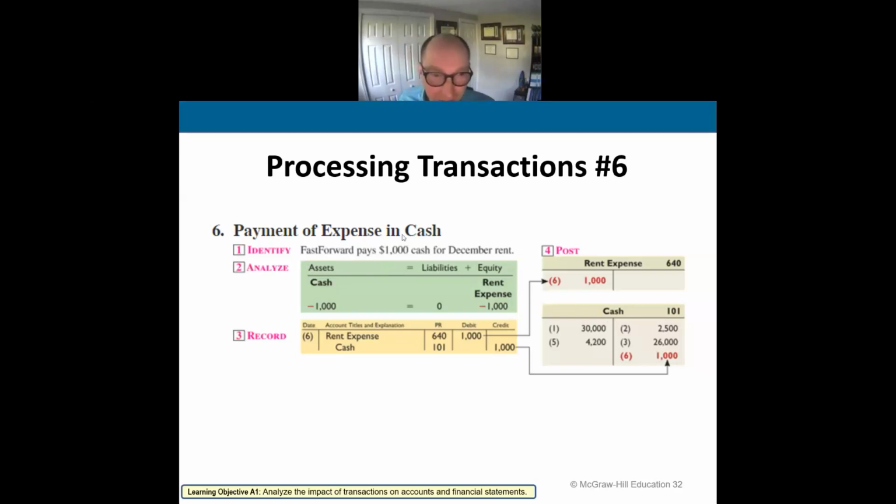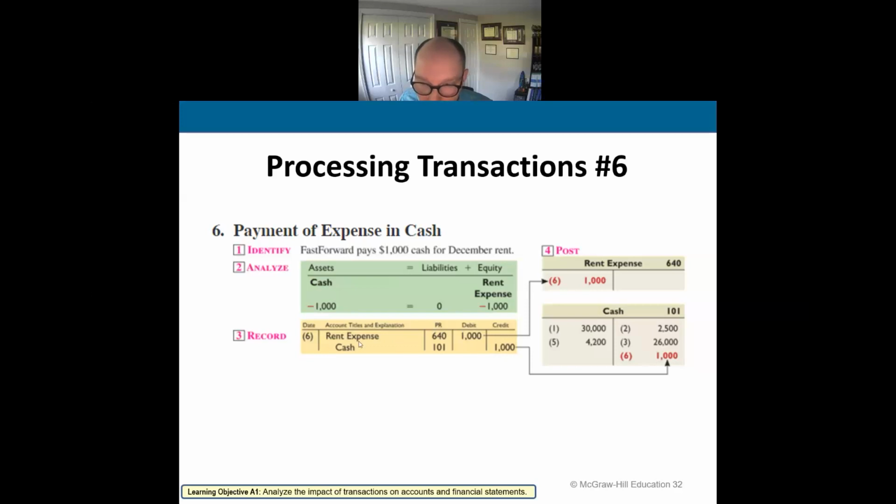Okay, so in this transaction, we are paying rent for the month of December. So we're going to reduce cash by crediting cash, and we are going to debit our expense, rent expense. So third transaction, debit rent expense, $1,000. Credit cash, $1,000.